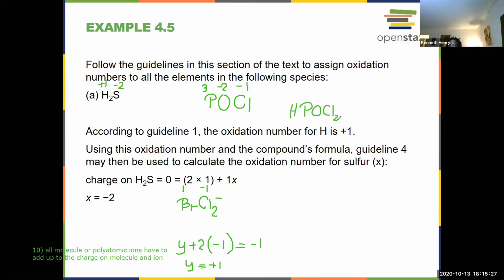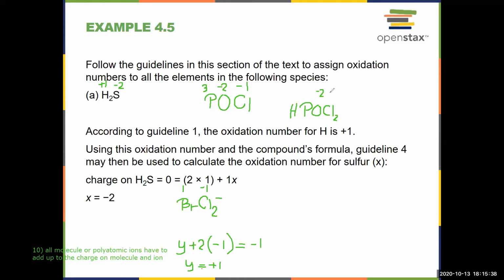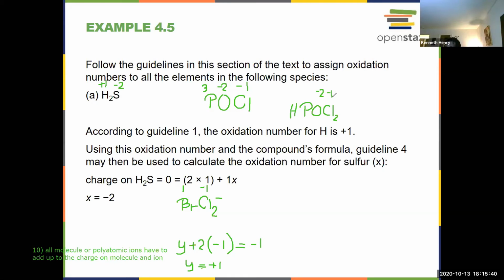Okay, so what is the oxidation number for oxygen? -2. Chlorine, -1 for each one. And the hydrogen, +1.